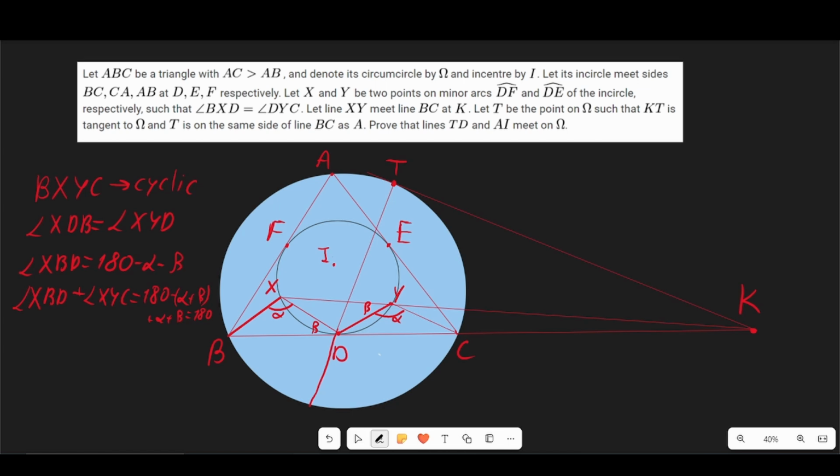Because K is the intersection of XY and BC, we can say that by power of a point, KB times KC equals KX times KY.